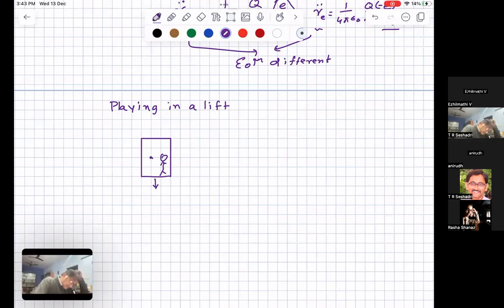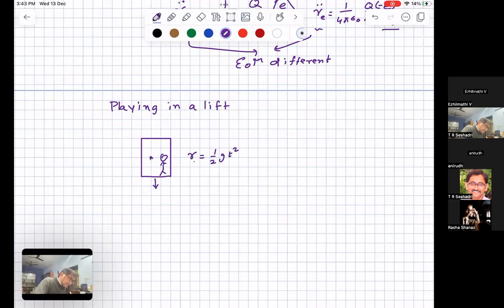Now, the position of this observer will be equal to, S is equal to UT plus half AT square, so it will be half GT square.